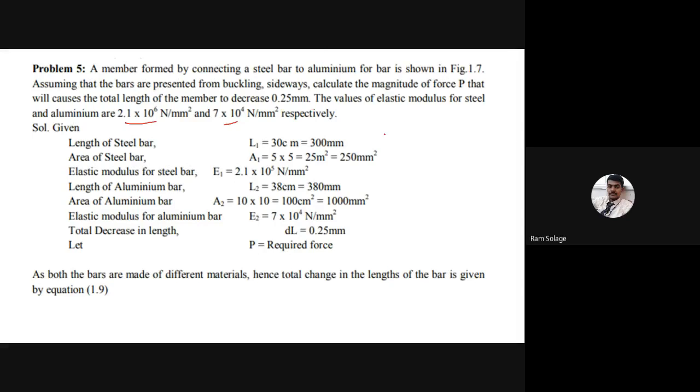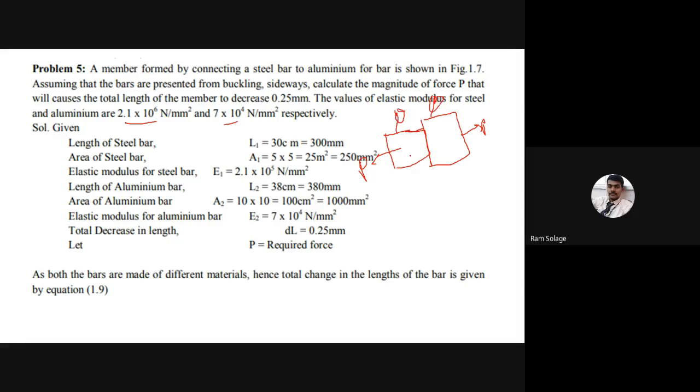I think the diagram is not given. What about the area? A1 means what? Areas are given as 250 and 1000. P is unknown. Correct? This is section 1 and this is section 2.